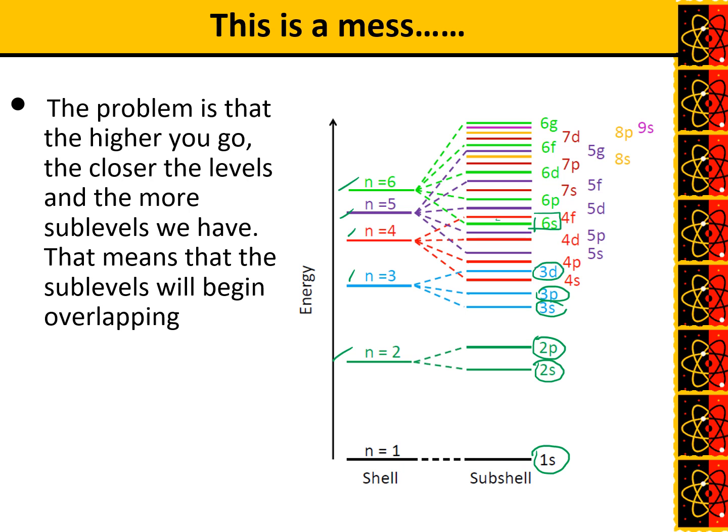But before the 3d, I need to fill the 4s. Why? Because the 4s comes before that. And of course, if we need to follow these rules, what do I have to do? How do I do this? As I told you, luckily we have the periodic table, and as I always tell you, the periodic table is a cheat sheet. So stay with me 2 more minutes. You are going to understand this mess.